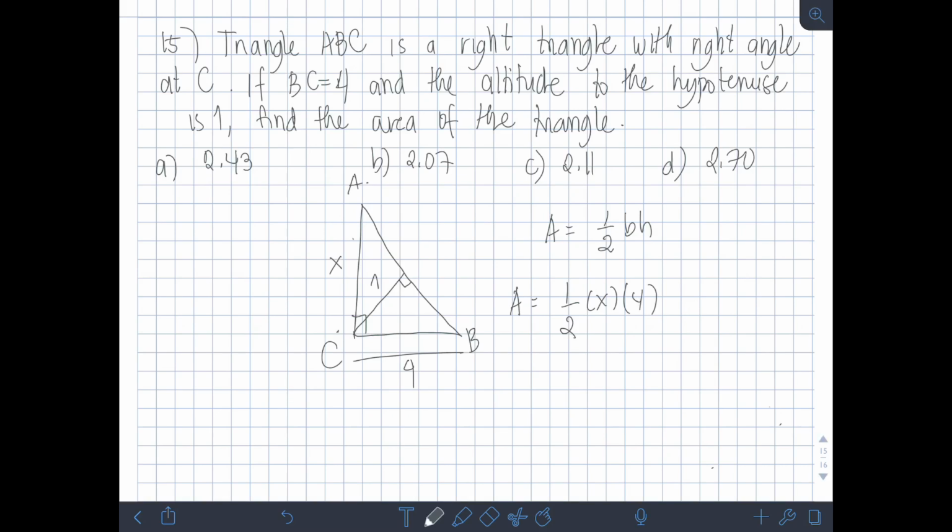And then, pwede rin natin i-consider etong altitude natin as yung altitude to the hypotenuse na 1 at yung base natin ay itong hypotenuse. Dapat same lang sila ng area. So, area is equal to 1/2 yung altitude natin na 1 times yung kinonsider natin this time na pangalawang base ay itong hypotenuse naman, so, AB.